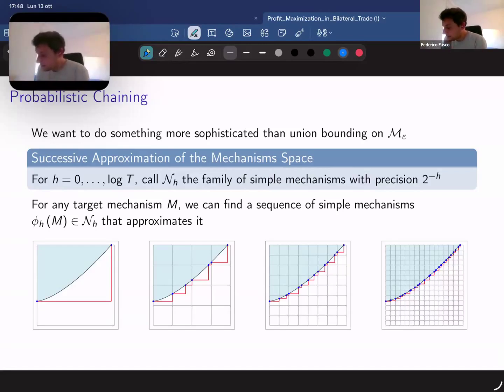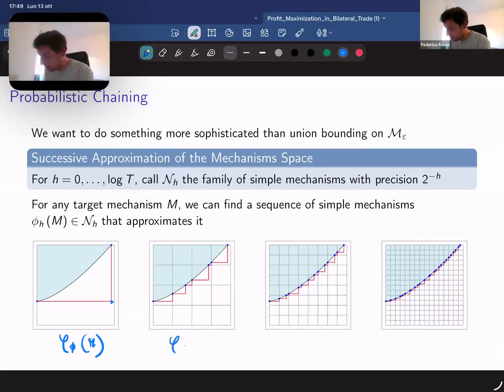Now, for any mechanism M, we can define a sequence, a chain of successive approximations of such mechanism. So this blue one is the target. And here I will have phi 0 of M. This is phi1. Phi1 of M is like a fixed price mechanism. You just post this price and see what happens.